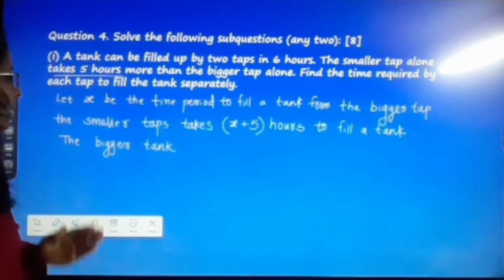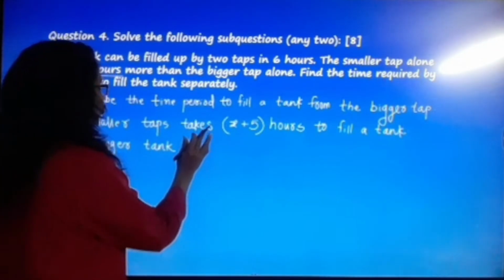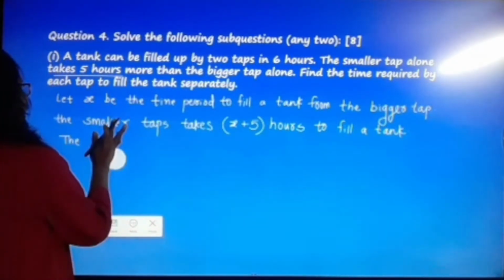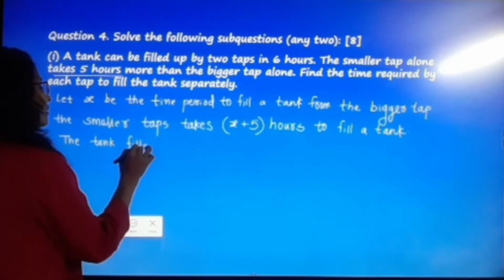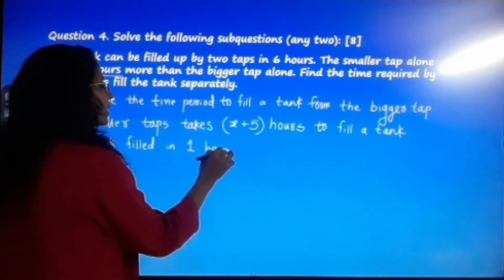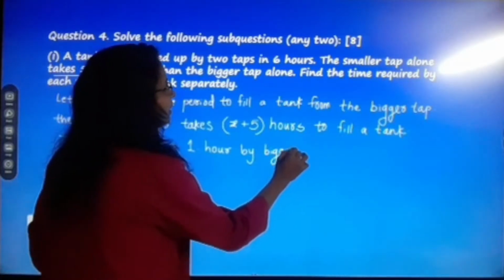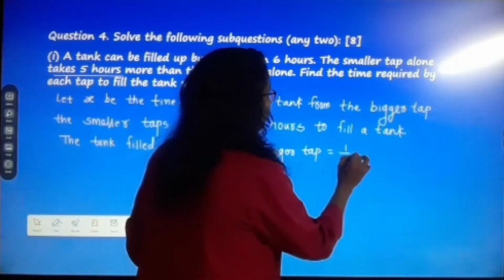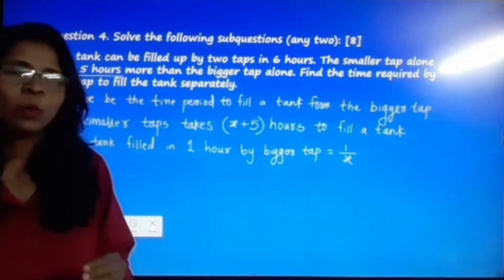The tank filled in 1 hour by the bigger tap is equal to 1 upon x.